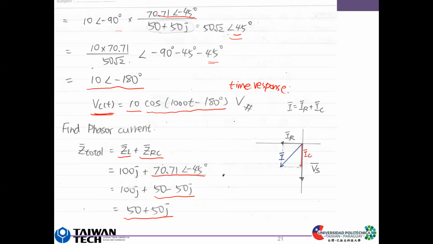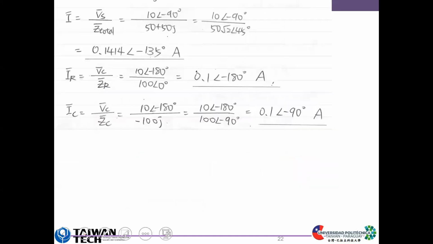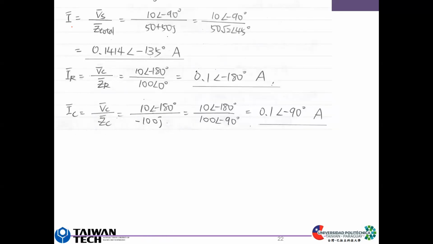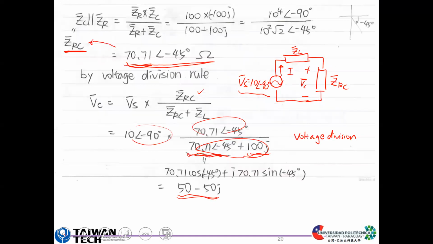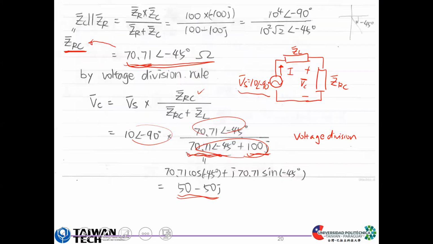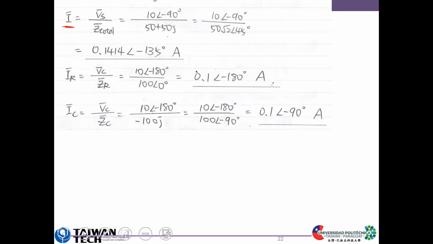What's next? Once we find the total impedance, we can find I. I is the current flowing out from the source. So I equals the phasor of Vs divided by the total impedance of the circuit.